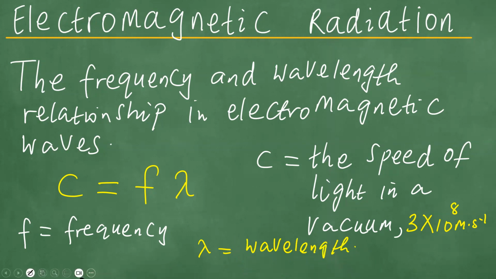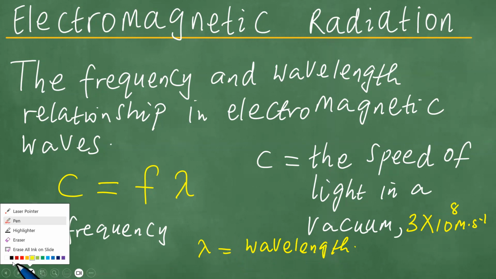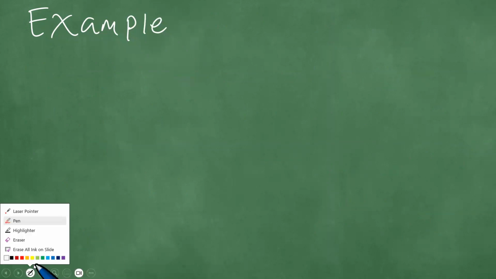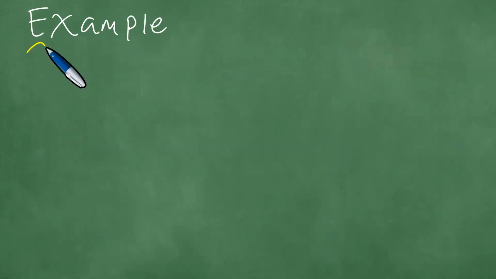Lambda represents the wavelength. Okay, I want us to look at an example. First, let us look at an example that is going to assist us to master these with ease.